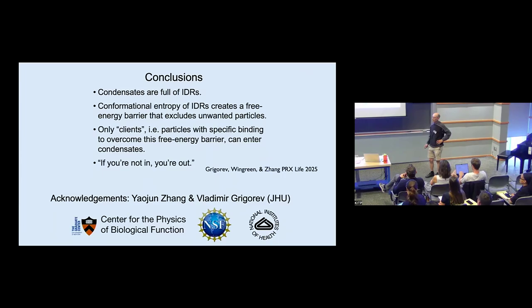As long as you have a high enough overall density of IDRs in your condensate, that will create this free energy barrier. So it could come from one protein that's a scaffold. Yeah, but normally you have really dozens of proteins, and every protein by itself is just taking up a fraction of the condensate, right? So you would have to evolve IDRs on many of them.